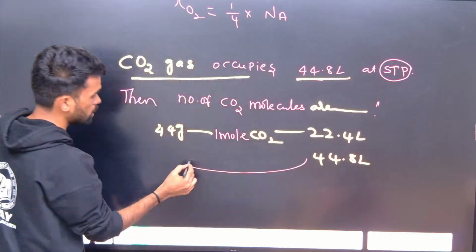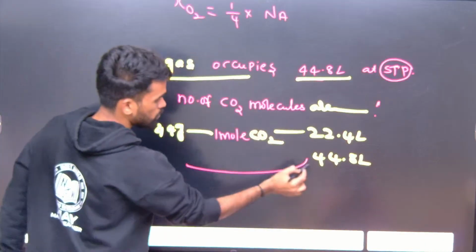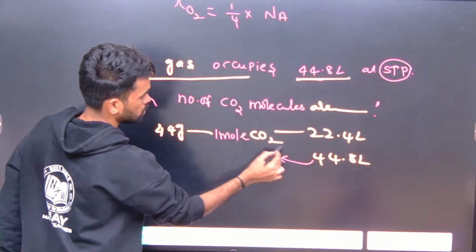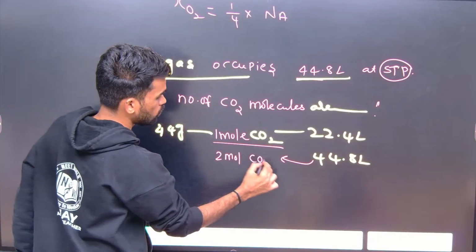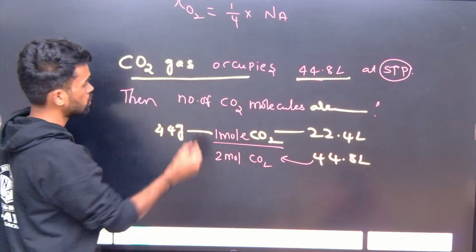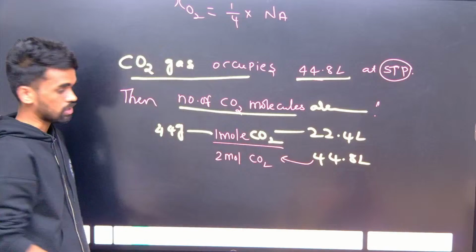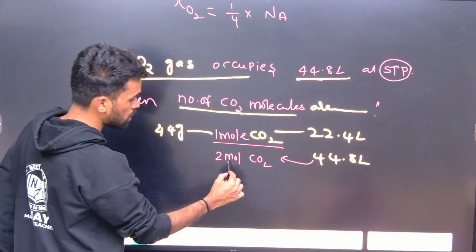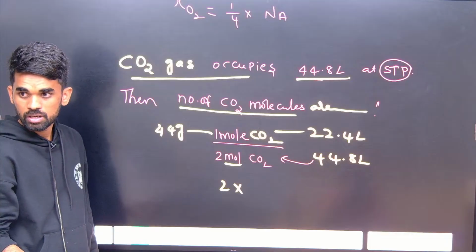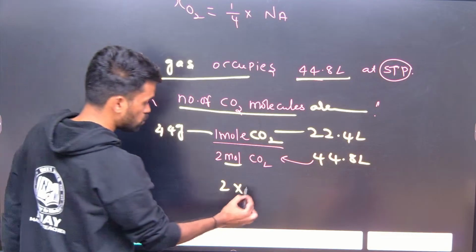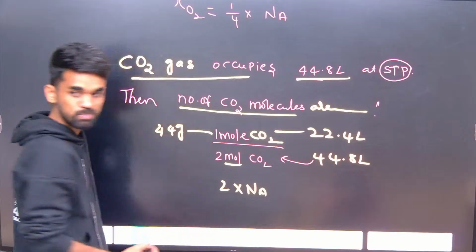So it means how many moles it is? See how many moles it is? 2 moles. So 2 moles of CO2 is given. Okay. So now number of molecules. So 2 into mole means how many particles? How many CO2 molecules? Avogadro number. So 2 into that Avogadro number, that's 6.022.